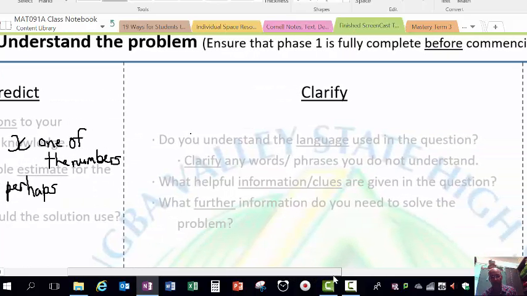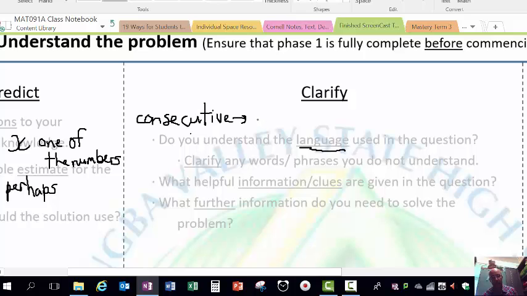We need to clarify a few things. Do you understand the language used? Well, consecutive. Now, if you didn't know what consecutive meant, you'd have to ask somebody in your group or get a dictionary, look it up online, check your textbook if that's relevant, ask your teacher. Okay, if you don't know what a word means, you need to find out.